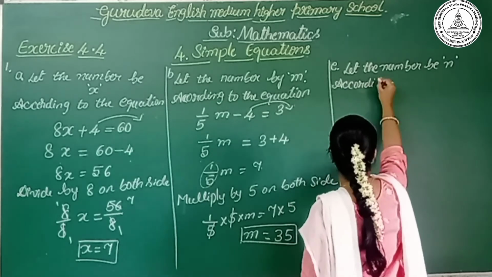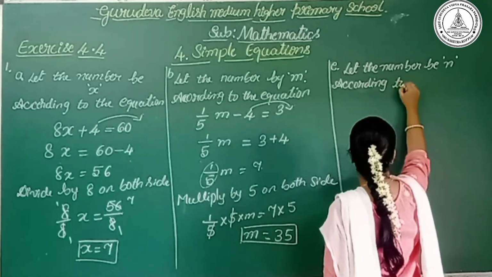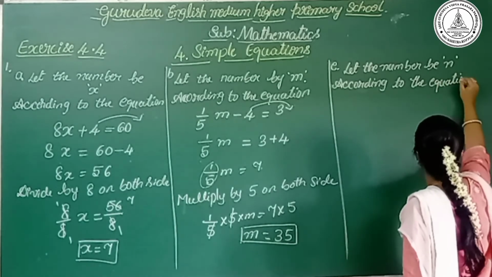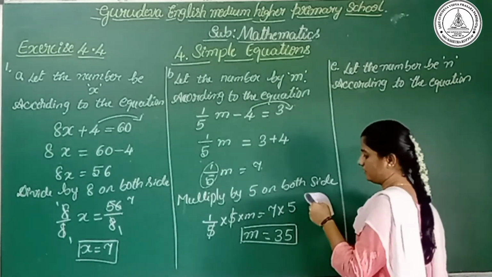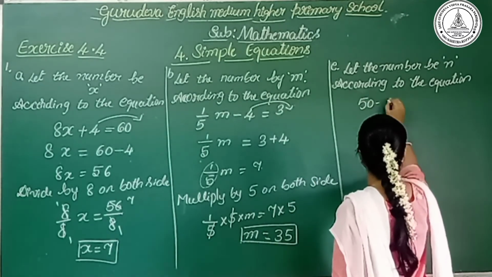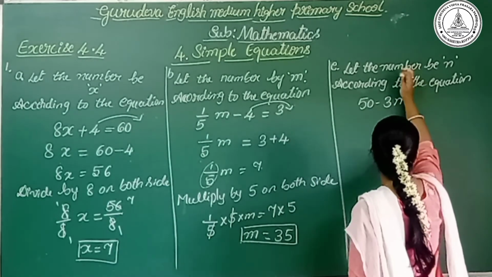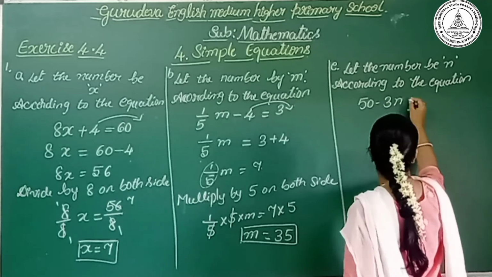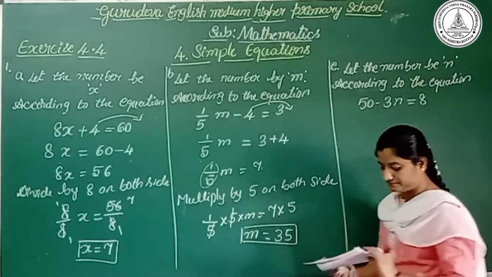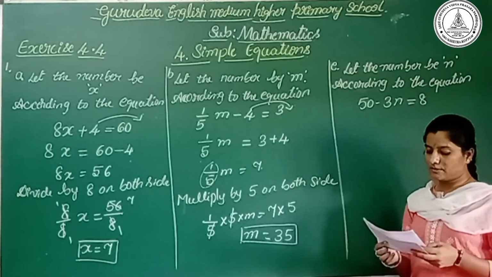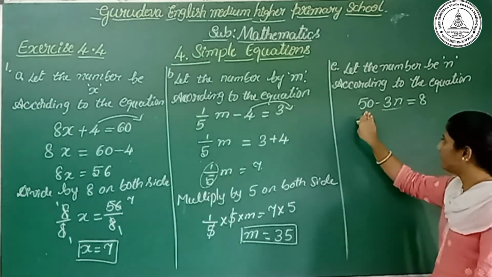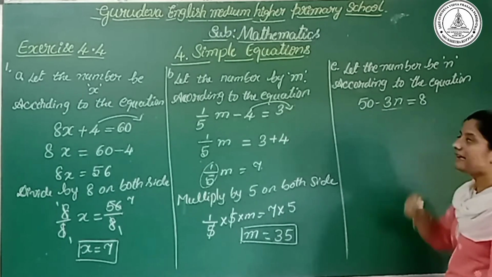According to the equation, what we will get? So 50 minus 3 times of n is equals to 8. What is that? Munna subtracts thrice a number of notebooks from 50 and we get the result as 8.